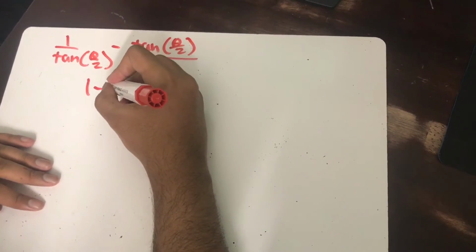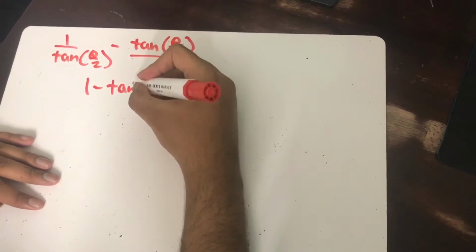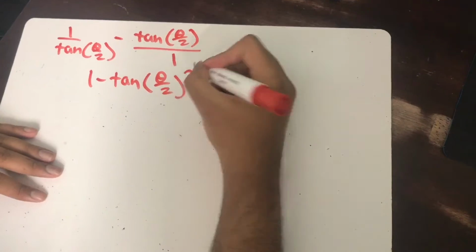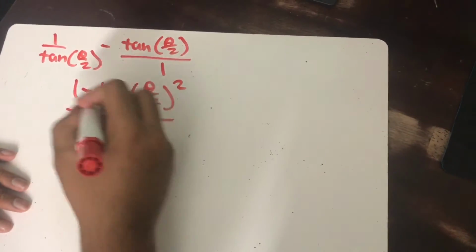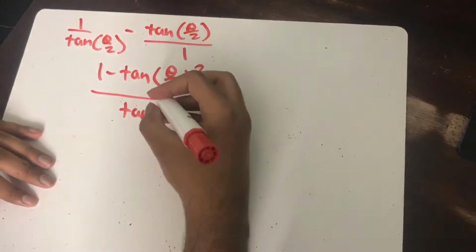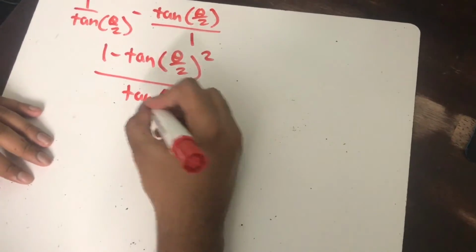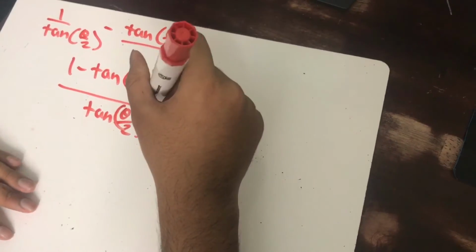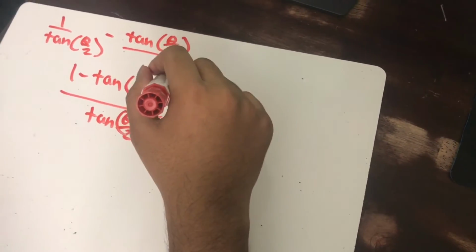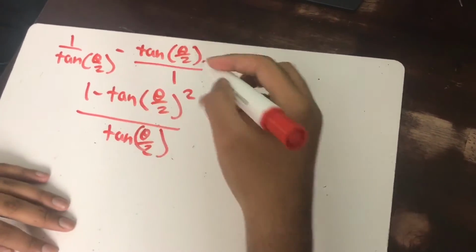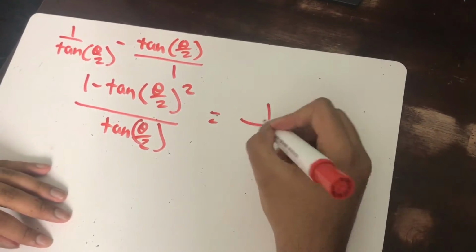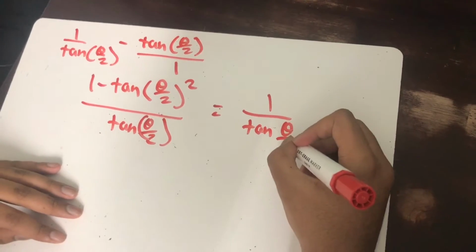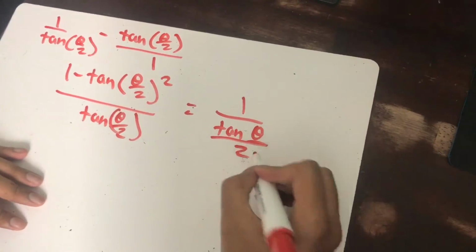Our answer is going to be 1 over tan of theta over 2 squared over tan of theta over 2. And now we're going to use one of our double angle formulas to turn this into something easier. It's going to be 1 over tan of theta, the whole thing over 2.